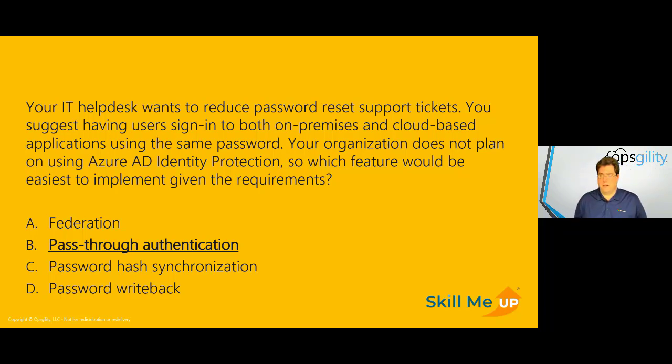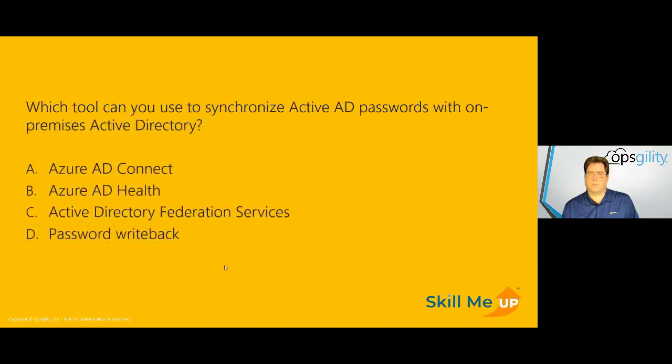An option if they were going to utilize Azure Active Directory identity protection would be to set up some level of password write-back as well. So password write-back could be a feature in here, but what they're looking at here is that they're not planning on using those extra levels of Azure Active Directory for identity protection. So you need to put that pass-through authentication in place.